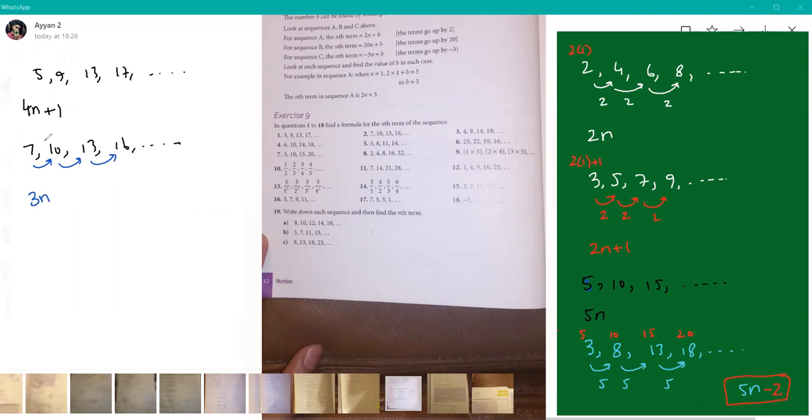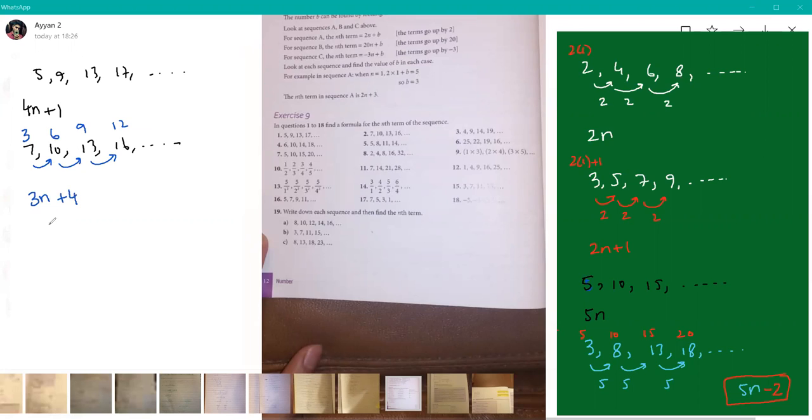When you write this 3n, 3 ones are 3, 3 twos are 6, 3 threes are 9, 3 fours are 12. So you can see that all of these corresponding values are 4 more than this 3n. So this nth term has to be 3n plus 4.